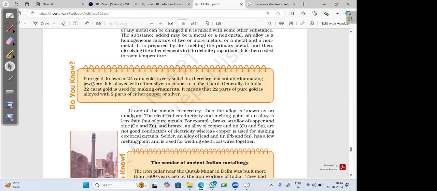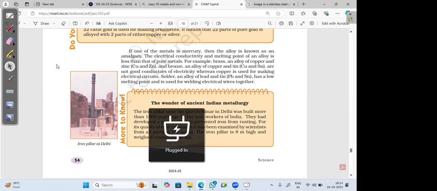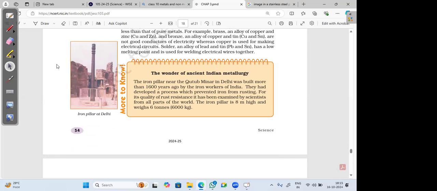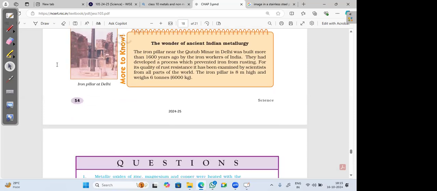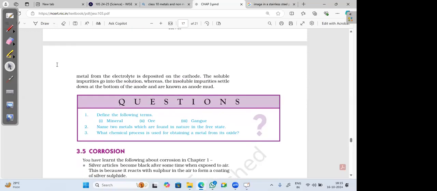Right. So this is what we had done, and today we have to do just electrolytic refining and corrosion. These are the two topics which are left.